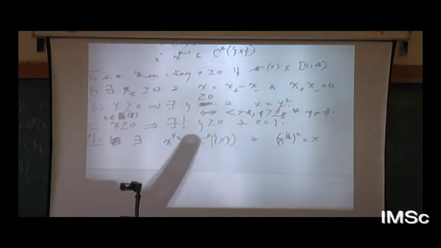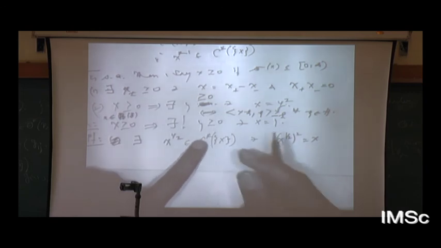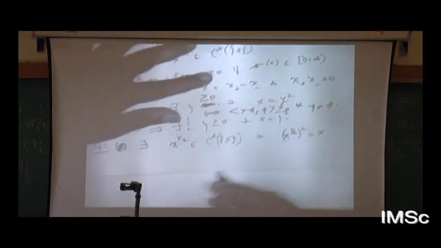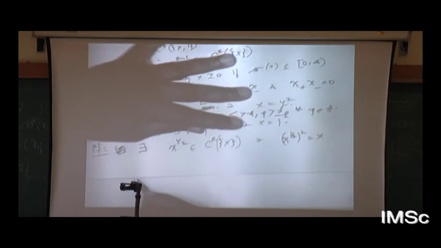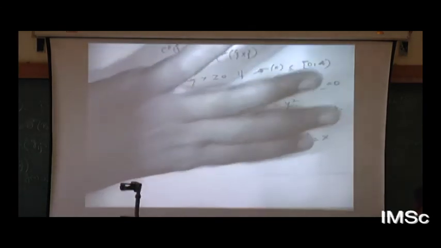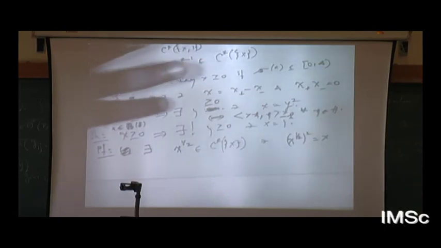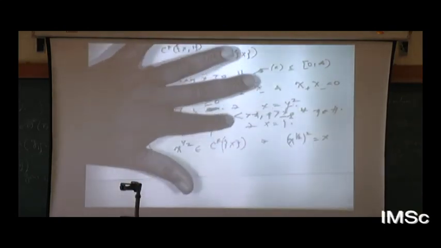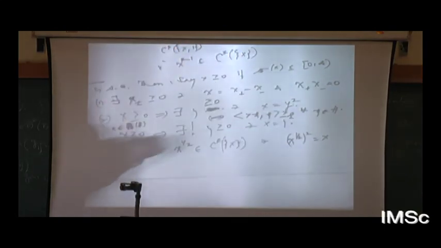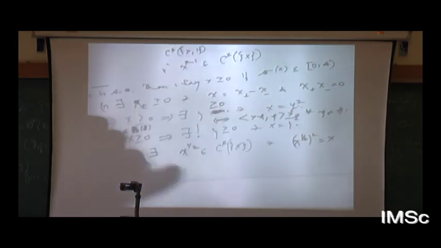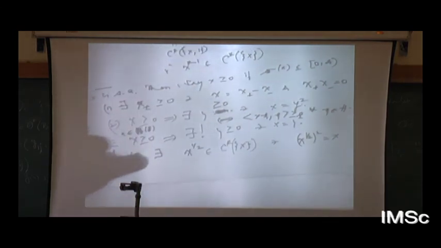But now I'm saying more. So I'm asking you to observe that for uniqueness, I want to say that any positive Y such that Y squared equals X must be in C star of X and it must be this term. So you must force that commutativity.